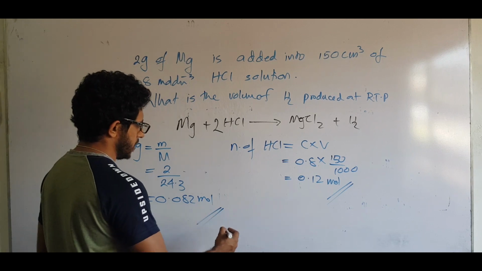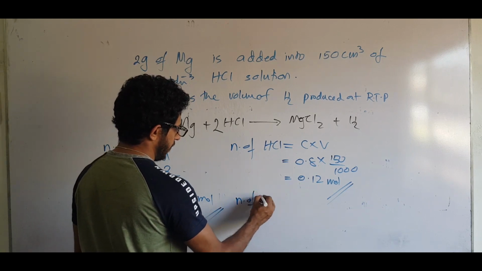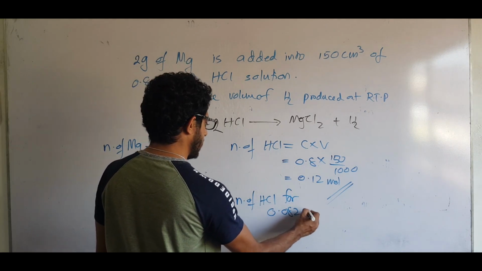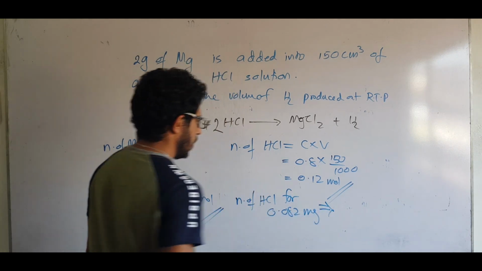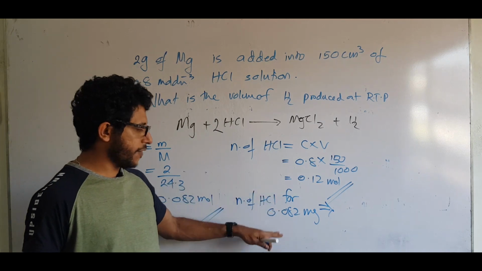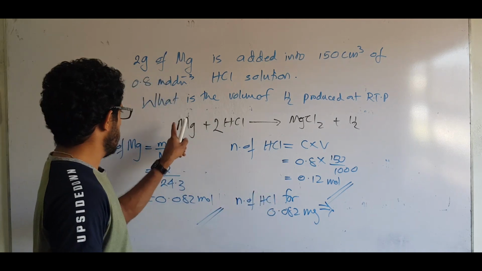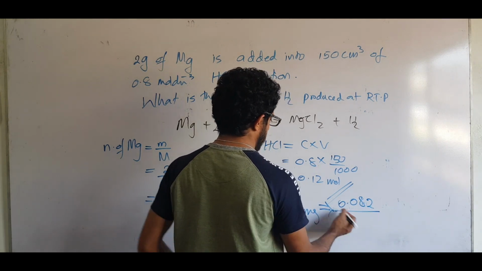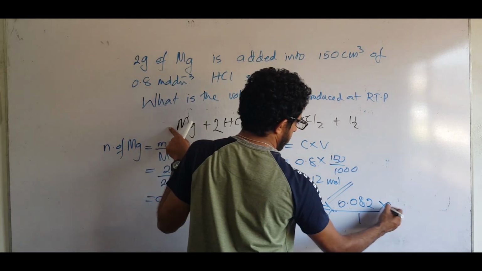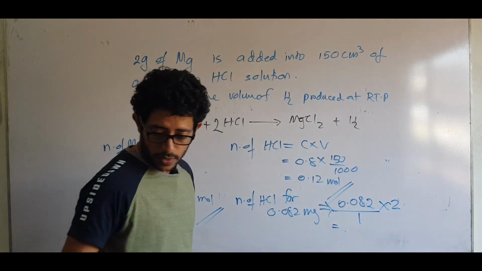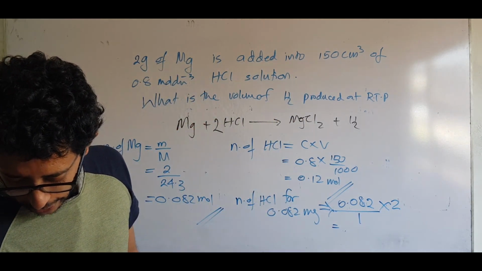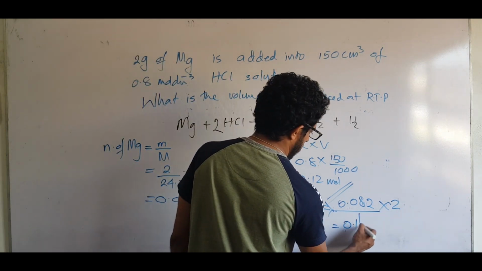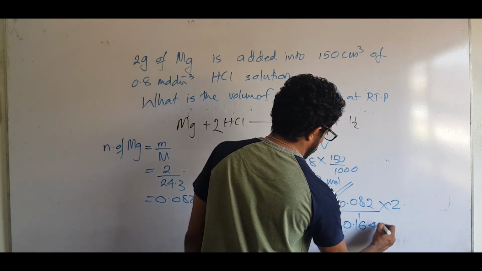So what you do is this: find the amount of HCl required for the 0.082 moles of magnesium, 1:2 ratio. So 0.082, assuming that it completely reacts, divided by 1 multiplied by 2, the molar ratio. 0.082 into 2, 0.164 moles.